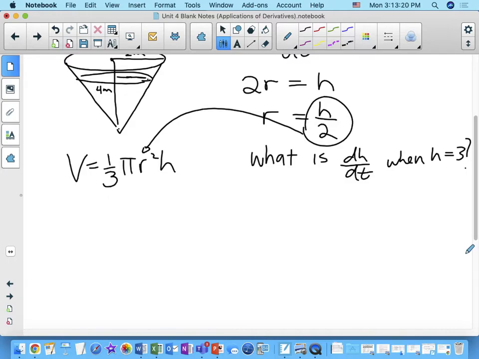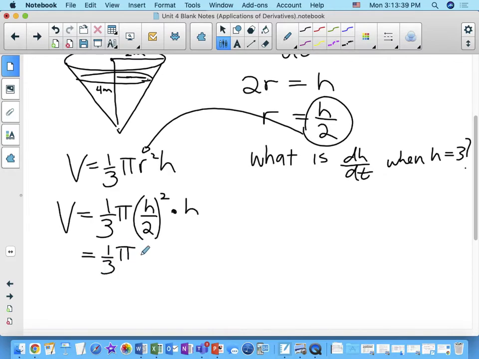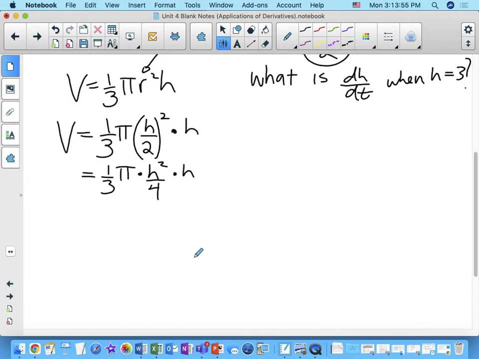So if I substitute in, I'm going to get volume equals 1/3 pi times h over 2 squared times h. Okay, and if I simplify that a little bit, that will be 1/3 pi times h squared over 4 times h. And all together, I have a denominator 3 here, a denominator of 4 here.